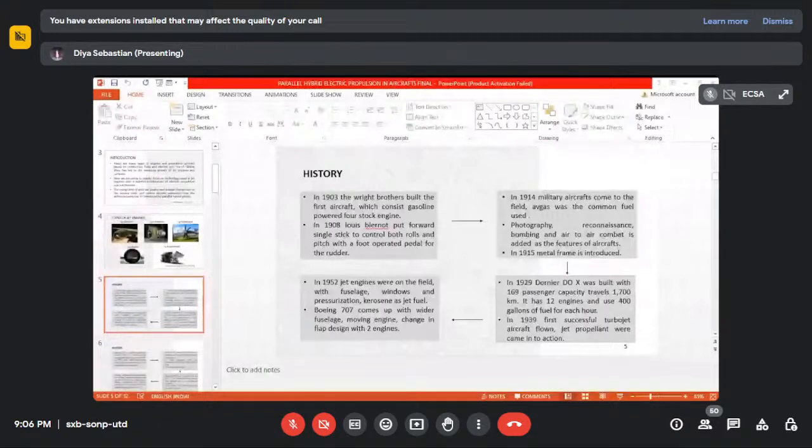The AV gases, the aviation gases, are not common right now, but they are used in light helicopters, small helicopters, and vintage piston engine aircraft. But till the First World War, they were the common gas used.